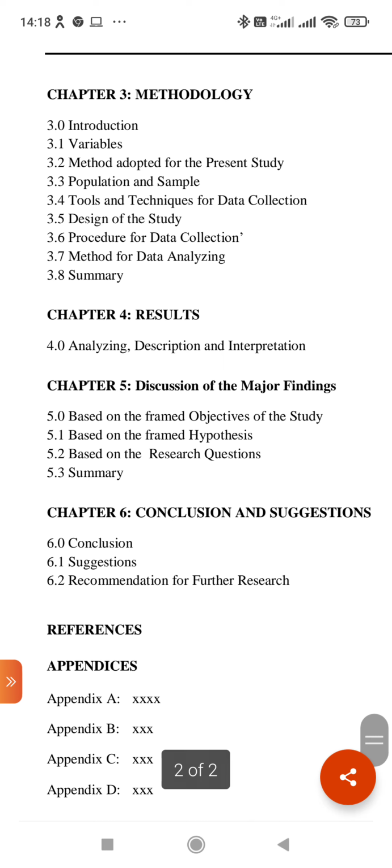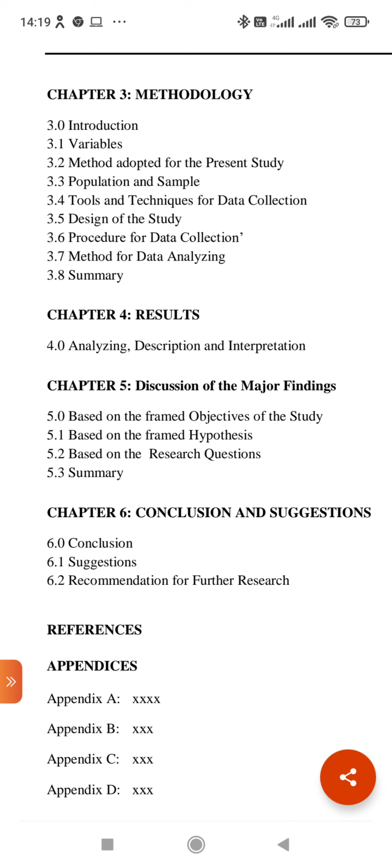So the final chapter would be conclusion and suggestion. So you are to conclude the entire work, from the first to the 5th chapter. You have to draw a conclusion, you have to summarize, and then give suggestions.